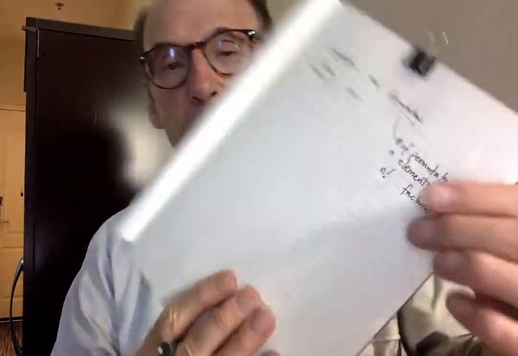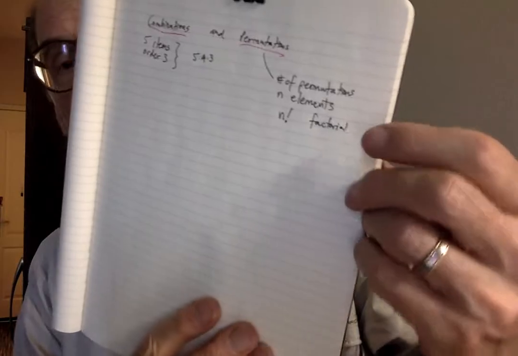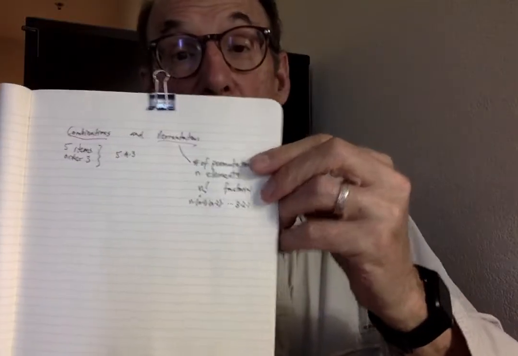In England, they have much more fun with this because in England they call that a bang. So n bang, and by definition, that's the product of all the integers starting at n and going down to 1. n times n minus 1 times n minus 2 times ... 3 times 2 times 1. So that's how many permutations there are of a set with n elements.